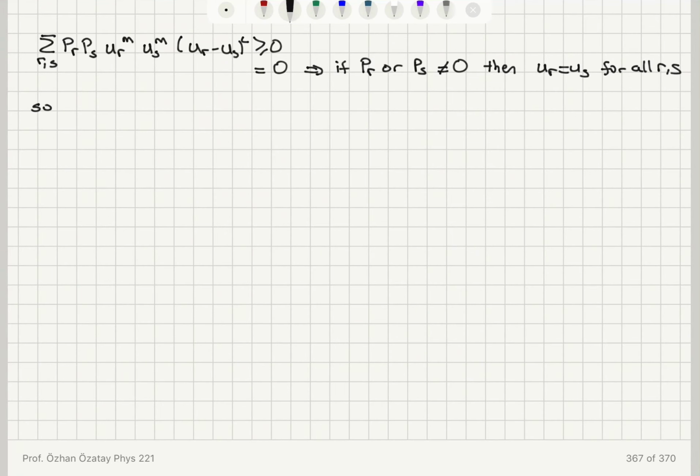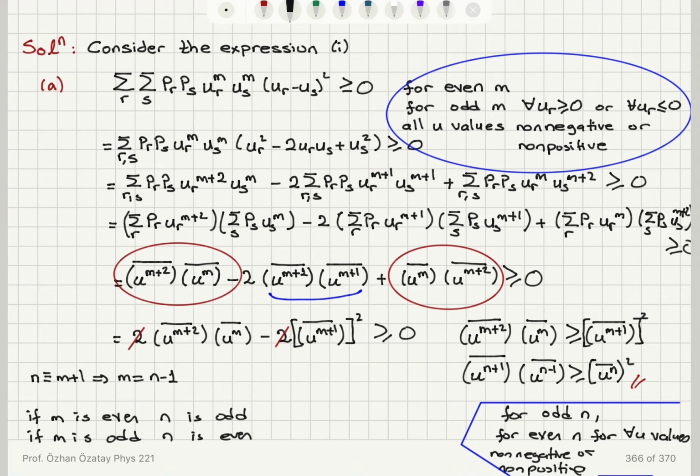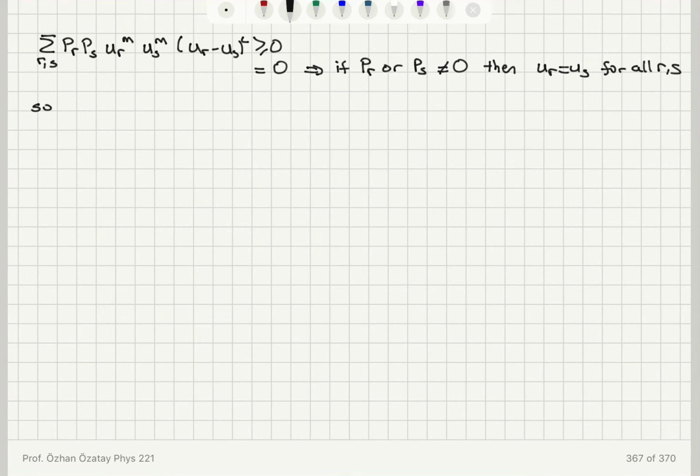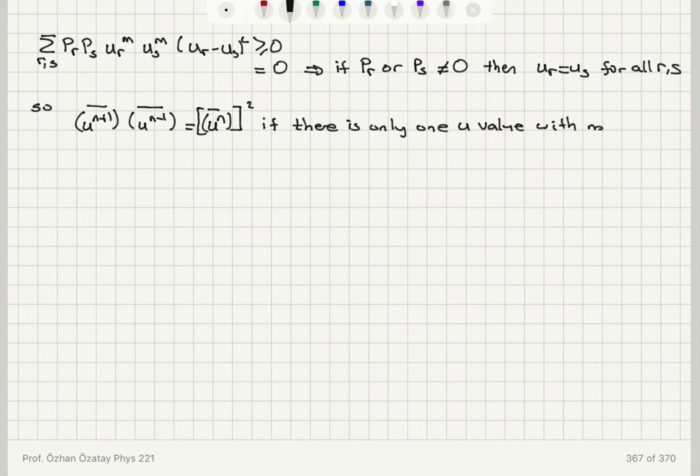So going to the end of this derivation, where we have found U to the n plus 1 mean value and U to the n minus 1 mean value is going to be equal to U to the n mean value squared if there is only one U value with non-zero probability. So as stated in the problem.